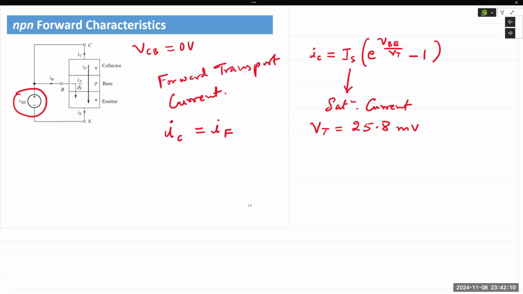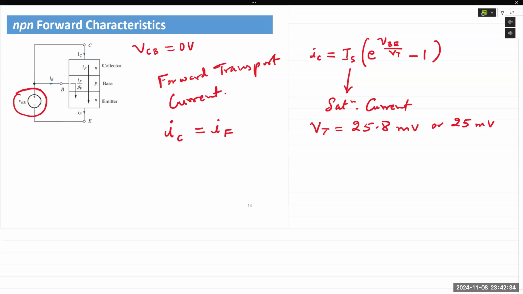Typically the textbook uses 25 millivolts. And so for the rest of this course, we will stick with 25 millivolts, so there's no misalignment with the text. Okay. So the saturation current, of course, is in nanoamperes or less.